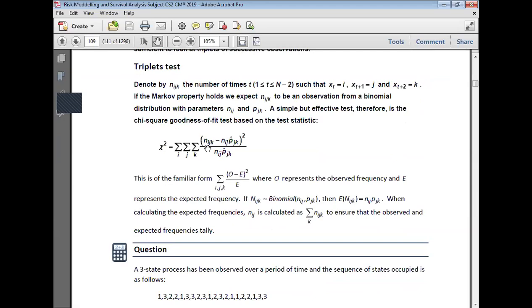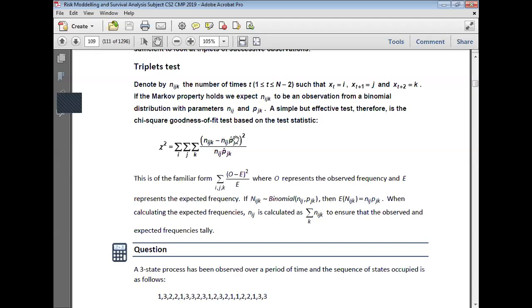Where this is the observed. So I know that Nijk is the number of times I observe a transition from i to j to k in 2 steps. And then this is the number of times I expect this transition. So what is my Nij? My Nij is again the number of times I have come from i to j. And this Pjk is the probability that you will expect yourself to go from j to k.